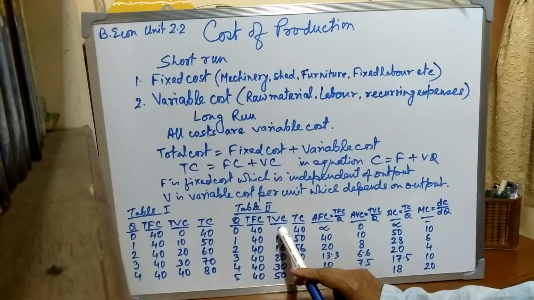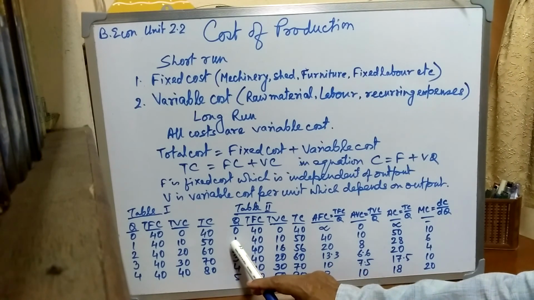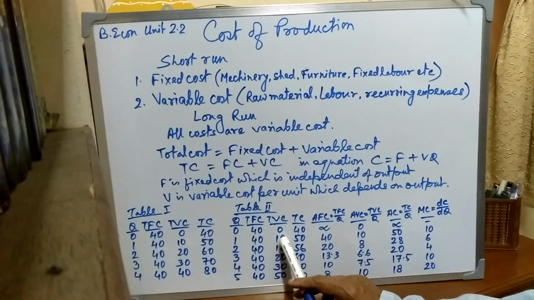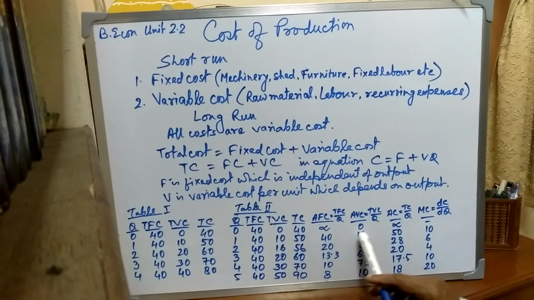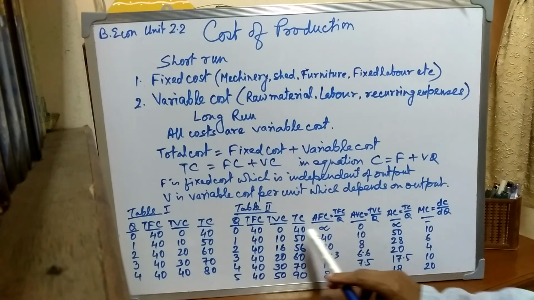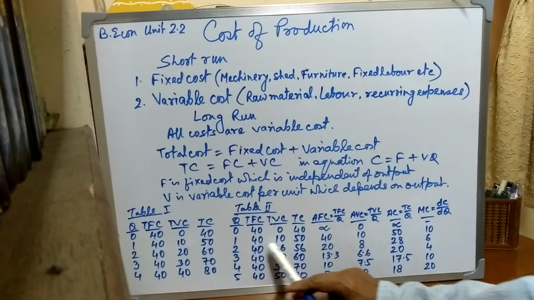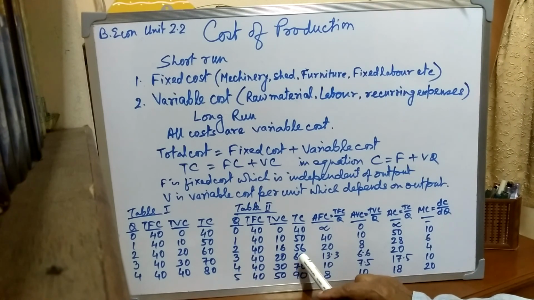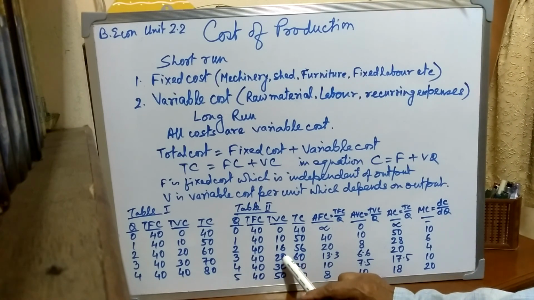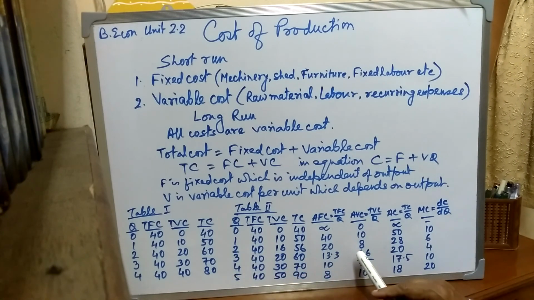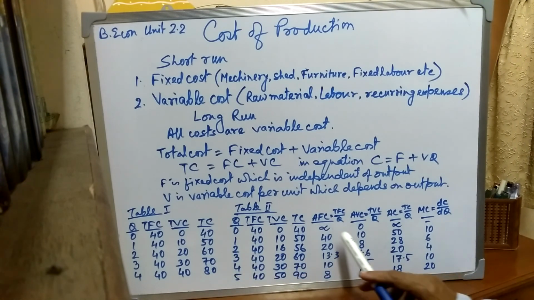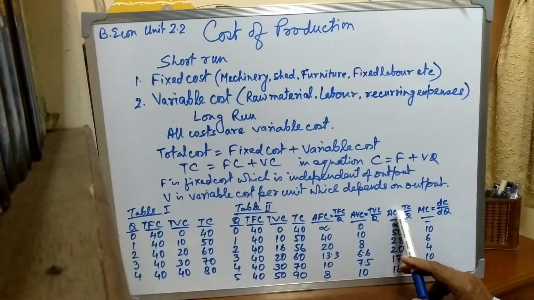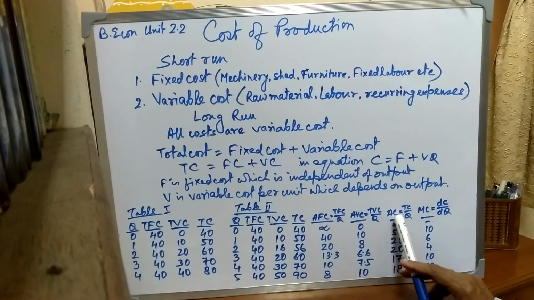When output level is 1, variable cost is 10, 10 divided by 1, 10, 16 divided by 2, 8, 20 divided by 3, 6.6, and so on. If we divide total cost by output, then we will get average cost.